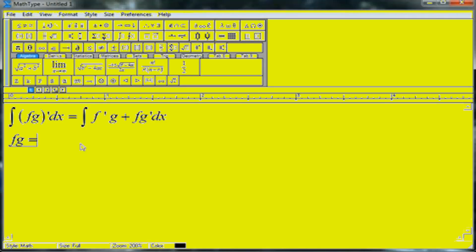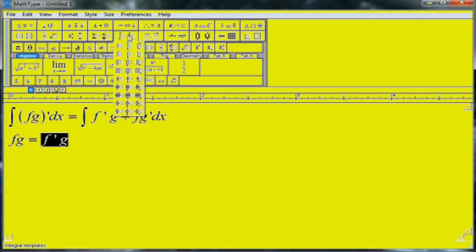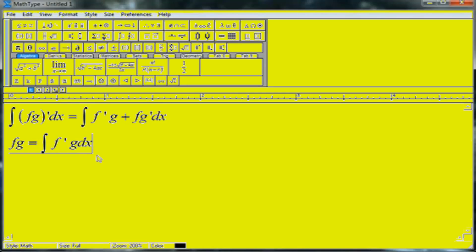The right side, let me just rewrite it. f'g, we can split up into two integrals like that. And from here we can move this over to the left-hand side.